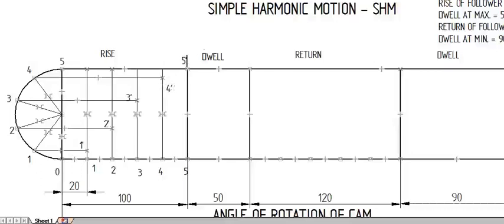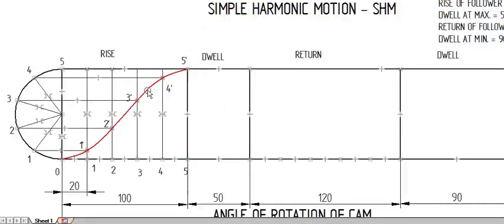This is for the rise of the follower, and we have to construct a graph passing through these points. So I have constructed the graph. This is the graph for SHM for the rise.